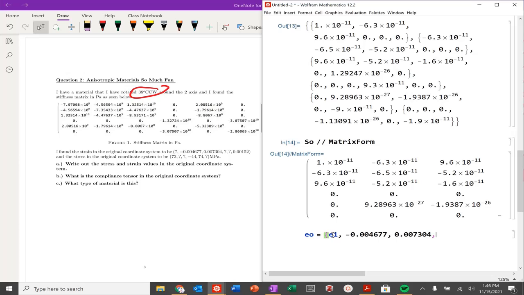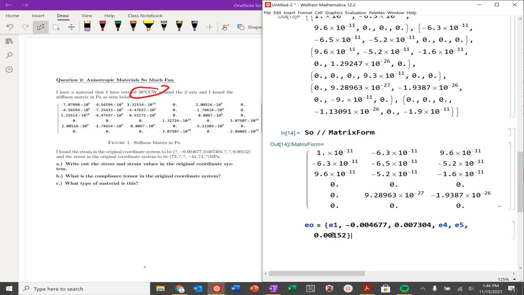Then I don't know what E4 is, I don't know what E5 is, but I know E6 is 0.00152. So that's my strain.